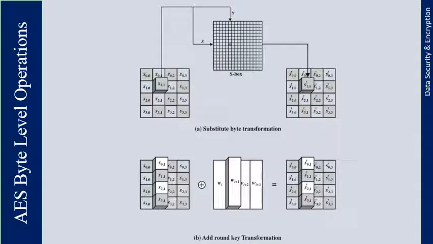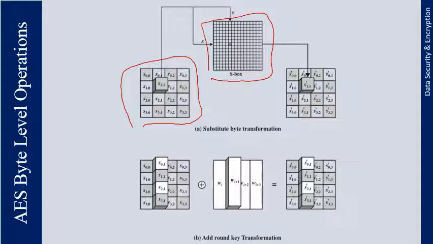As discussed, the first step is the substitute byte transformation, and it is done in the forward and reverse transformation. The forward substitute byte transformation, called SubBytes, is a simple table lookup. That means you have an input state of your plaintext, then you have a lookup table called the S-box.